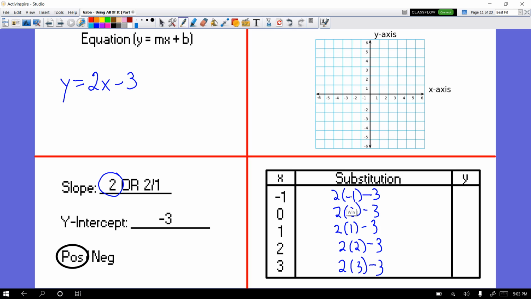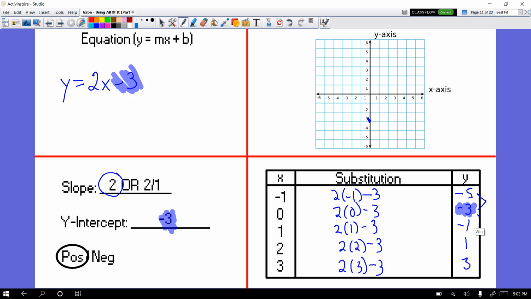2 times -1 is -2, minus 3, -5. 2 times 0 is 0, minus 3, -3. And you can see, there it is, and it's going to be right there. 2 times 1 is 2, minus 3, -1. 2 times 2 is 4, minus 3, 1. 2 times 3 is 6, minus 3, 3.